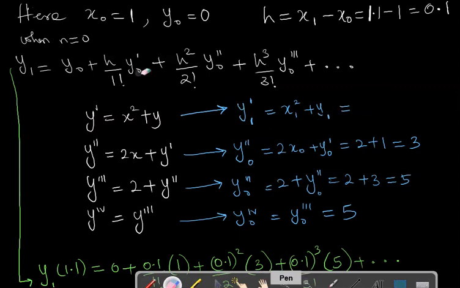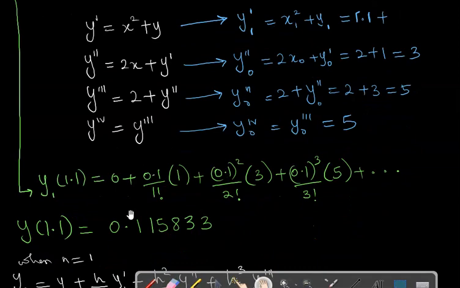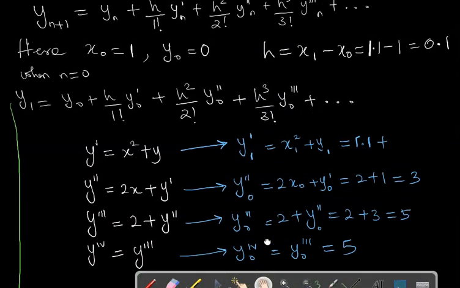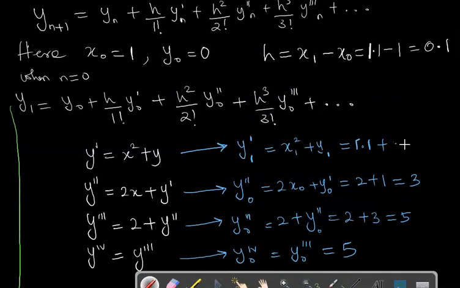Our y1 is going to be 1.1 plus the answer that we got here, which is 0.15833. If we add this together, we're going to get 1.215833. So that's now our y1.